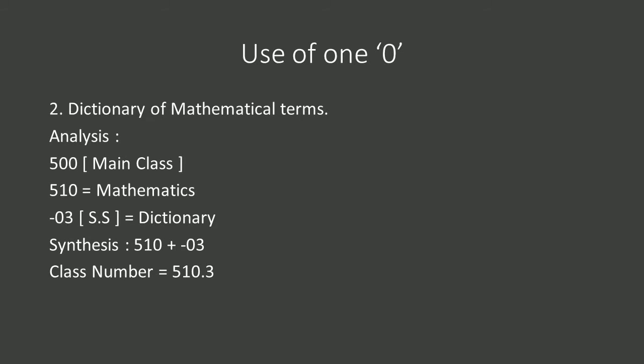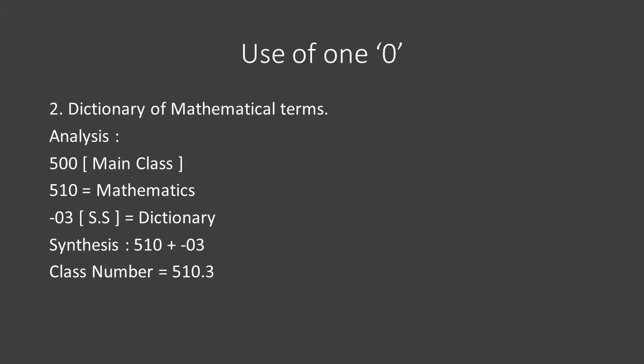So I have written 500 and square bracket main class, 500 is the main class, and I have forgotten to write that 500 is the notation for pure science or science. So under 500, in 510 you will find the notation for mathematics.